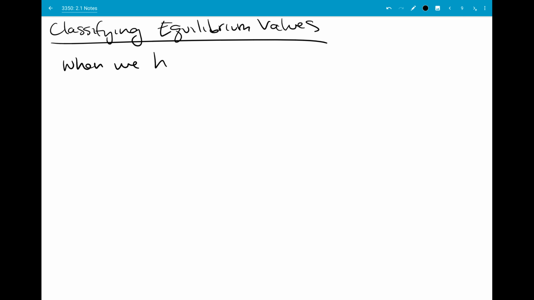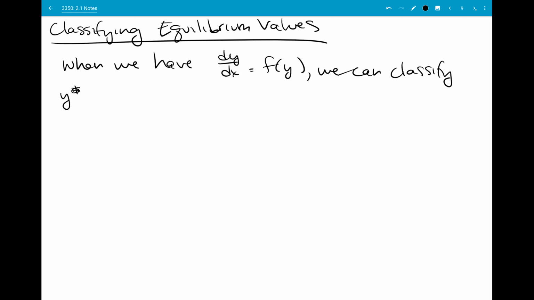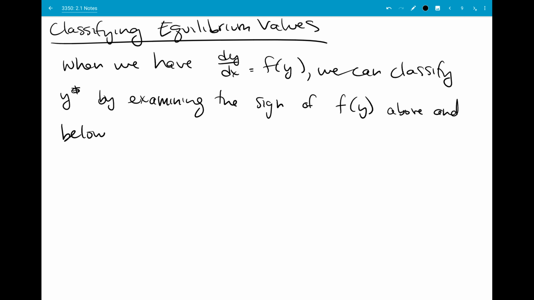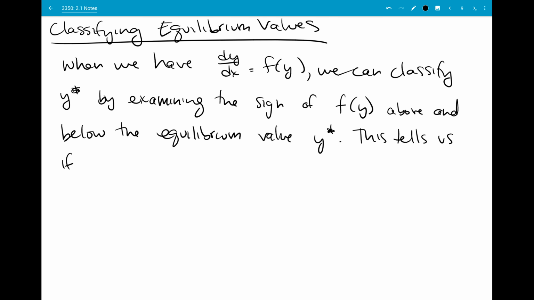So when we have dy dx equal to f of y, we can classify y star, an equilibrium value, by examining the sign of f of y above and below the equilibrium value y star to see if you tend to move towards that equilibrium value.